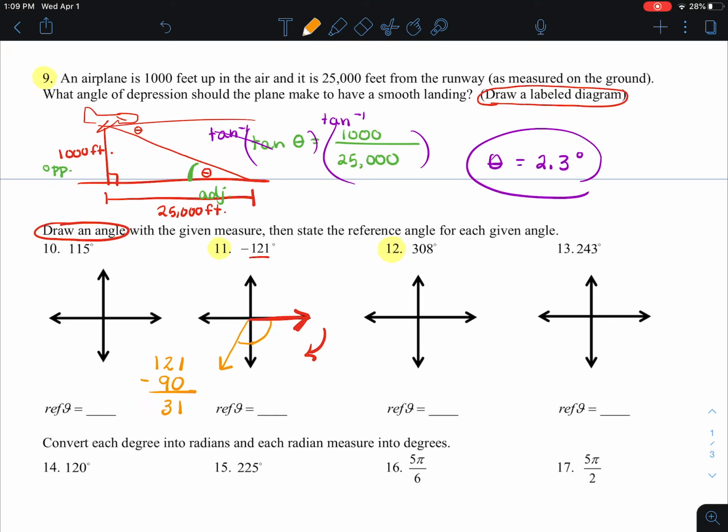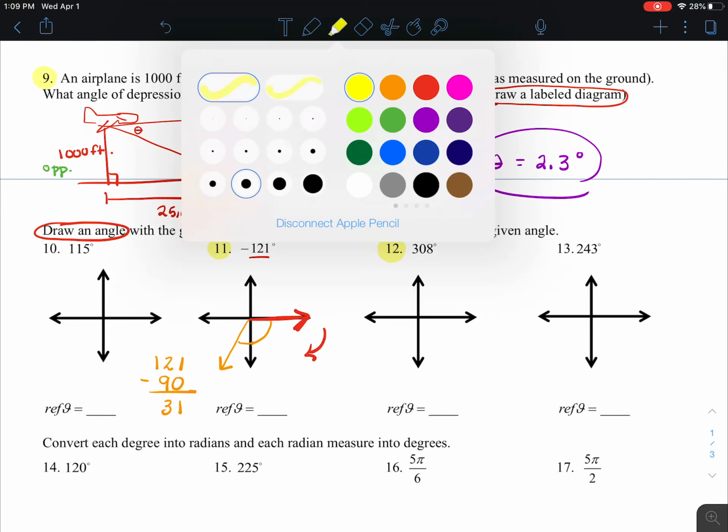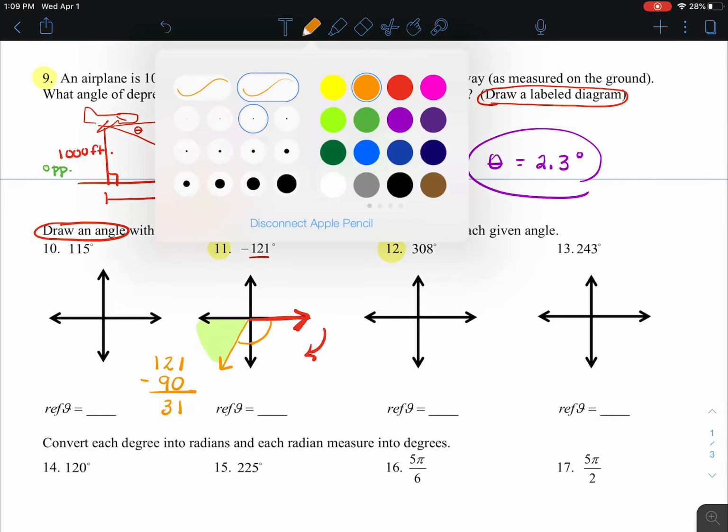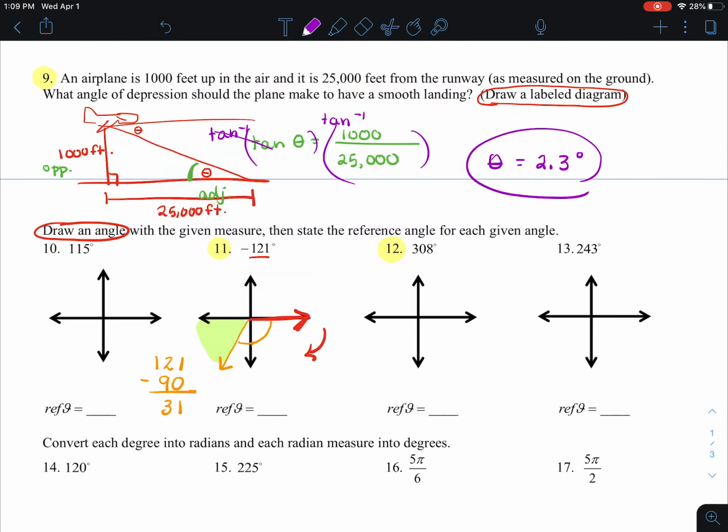Now, here's where you have to be careful. When you're asked to say what the reference angle is, though, the reference angle is not 31 degrees. The reference angle is always how far your terminal ray is from the nearest x-axis. So if you look at my orange terminal ray in this picture, it is definitely closer to the left side of the x-axis than it is to the right side.